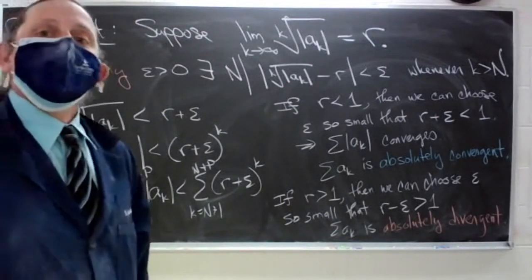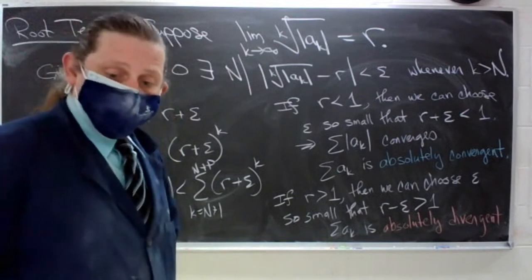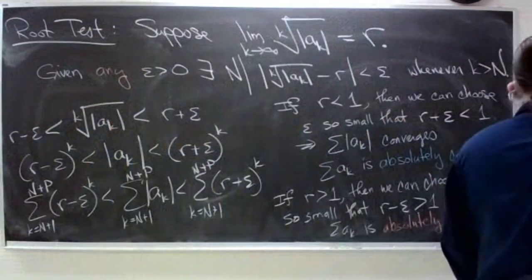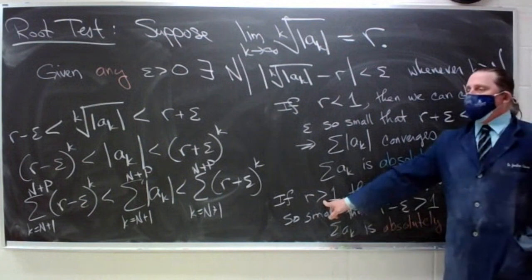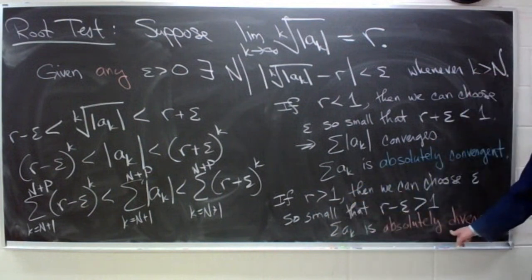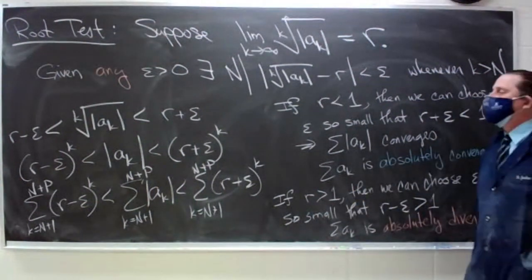We call that conditional convergence. So if r is less than 1, absolutely convergent. If r is greater than 1, absolutely divergent.